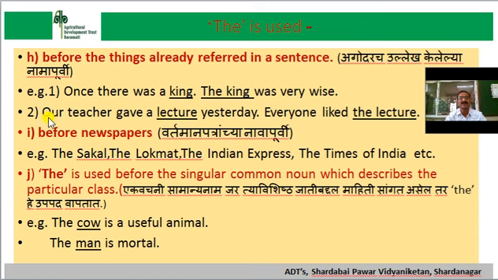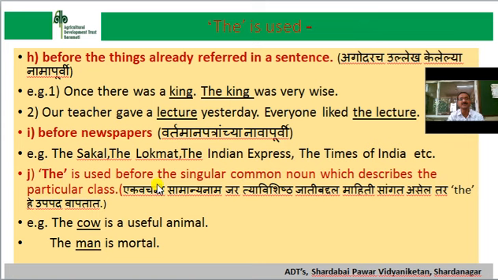Second sentence: our teacher gave a lecture yesterday. Everyone liked the lecture. In this sentence also, lecture is already referred to in the first sentence, but when we use that noun in the second sentence, the is used before that noun. The is used before newspapers: the Sakal, the Lokmat, the Indian Express, the Times of India, etc.